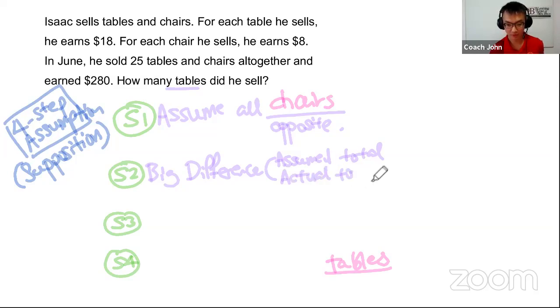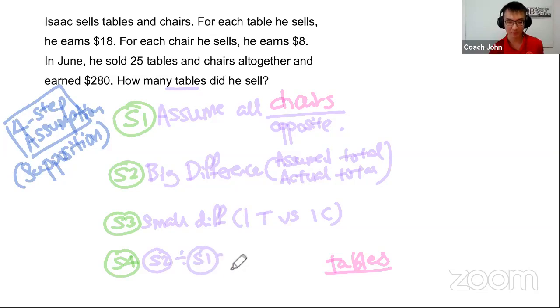If assume is a big word for children, just use the word fake, not real. Then the small difference is between 1 table and 1 chair. Then you have your step 4, which is your step 2 divided by step 1.